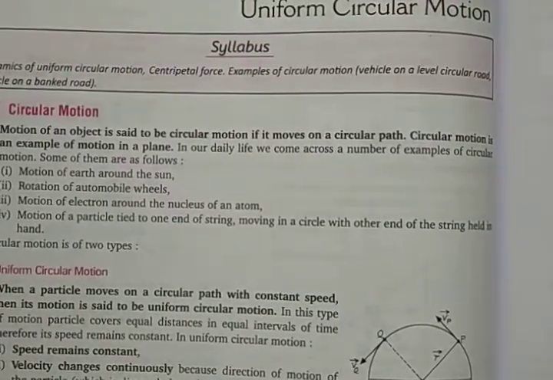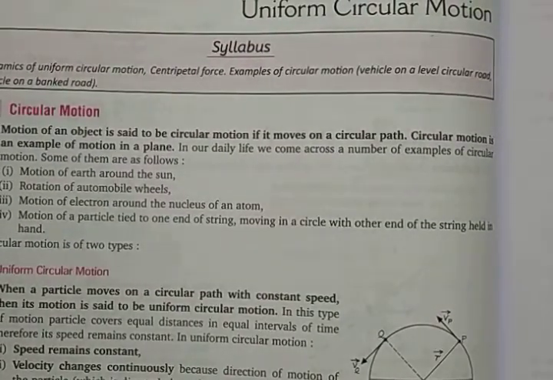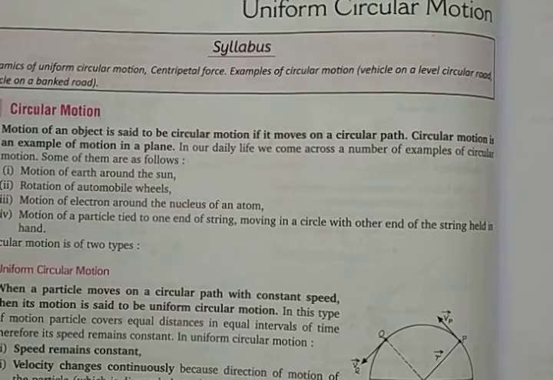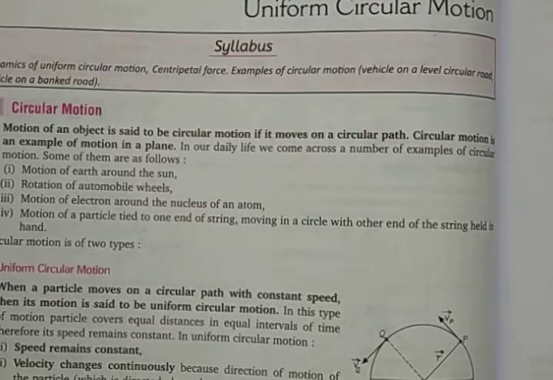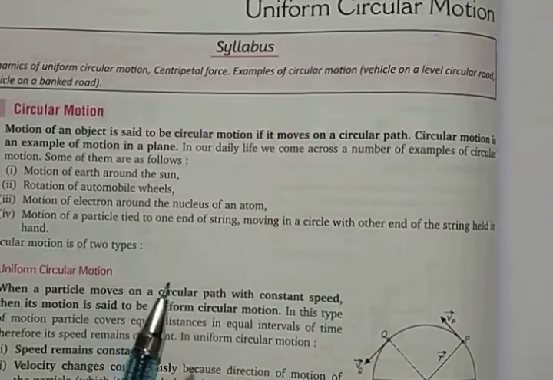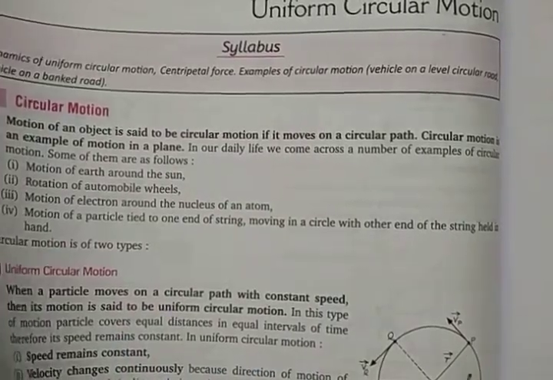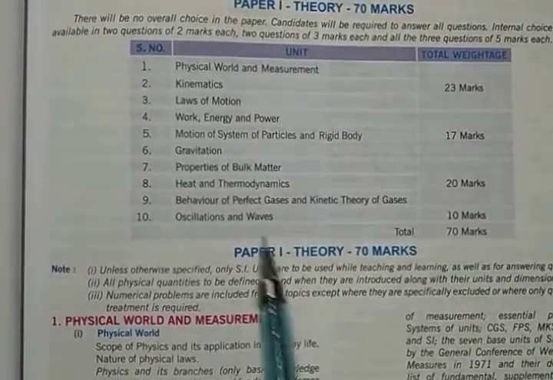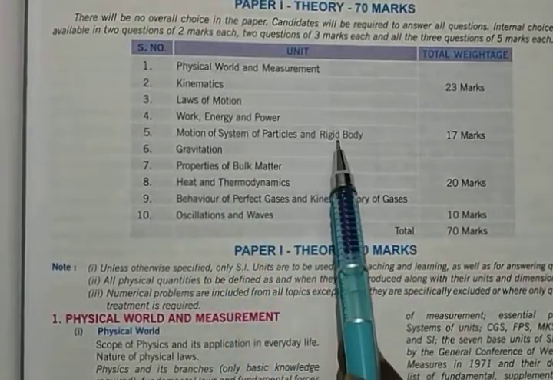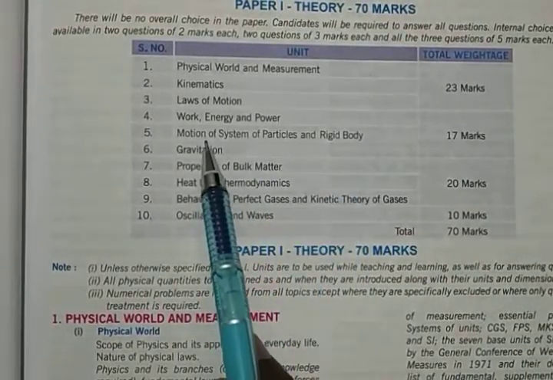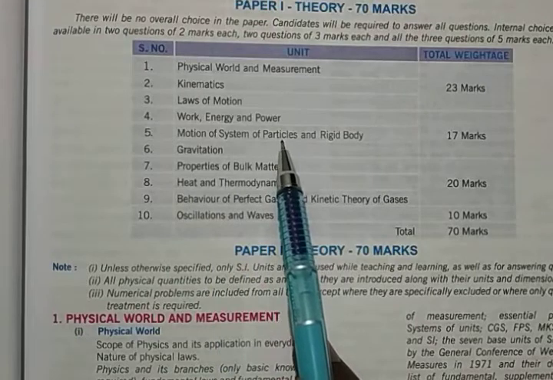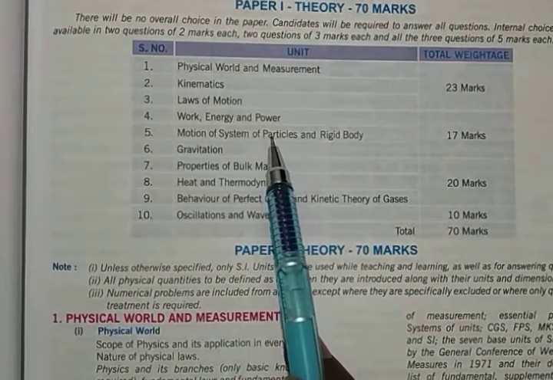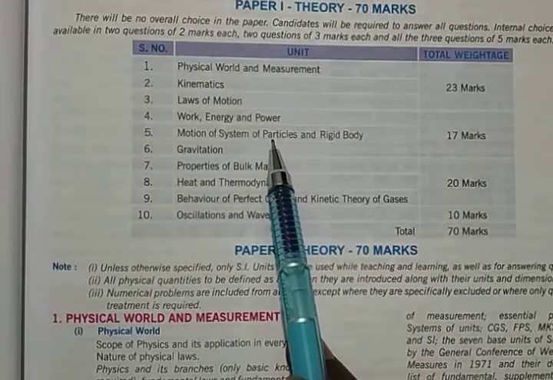Please make sure of this particular thing, whatever I am saying, it is very, very important, because in the syllabus you have another very important chapter called motion of a system of particles, chapter number 5, and rigid body. This is completely to do with any body which is rotating, rotational motion.